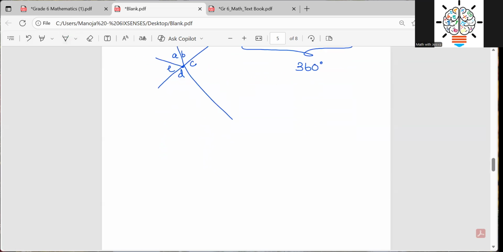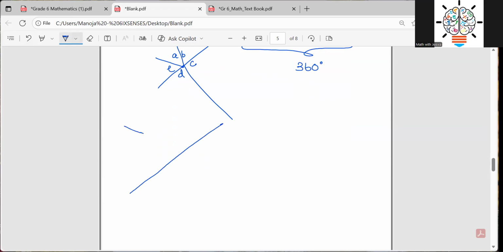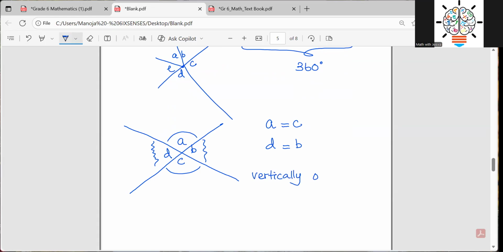And the next rule you should know: if you have two lines crossing like this, with A, B, C, D, four angles, A and C should be equal to each other, and D and B equal to each other. What we call them? Vertically opposite angles.